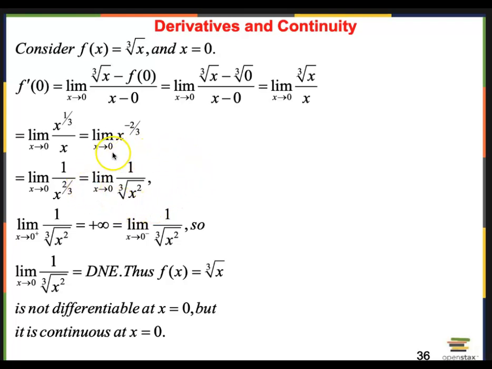And remember what it means: we pull that negative 2/3 down and make it positive. That's going to be the cube root of x squared. Well, we need to look at this because if I directly substitute that in, I get 0. So we need to look at the limit from the right side and the limit from the left side and see where they're going.